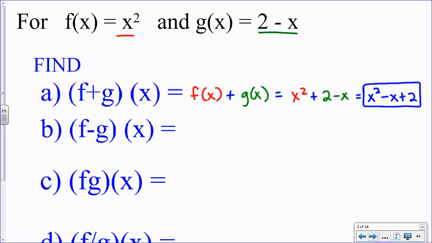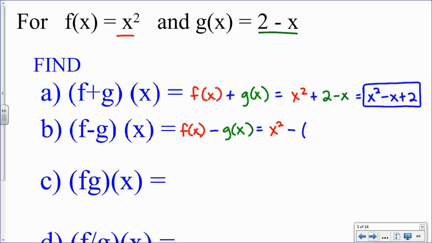Okay, so same thing then with f minus g of x. So f of x minus g of x. Okay, so that's x squared minus. This time I am going to use parentheses, so I remember to distribute the negative. I'm subtracting that whole function.